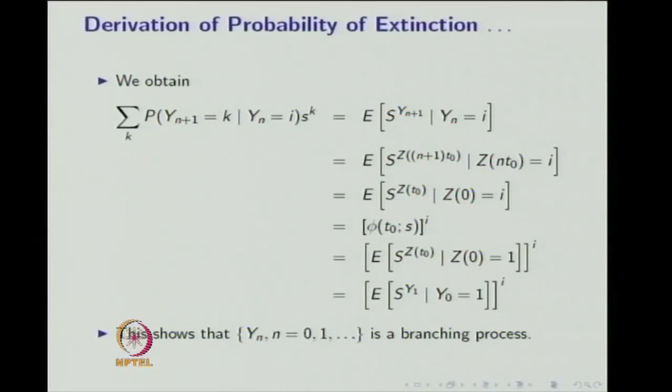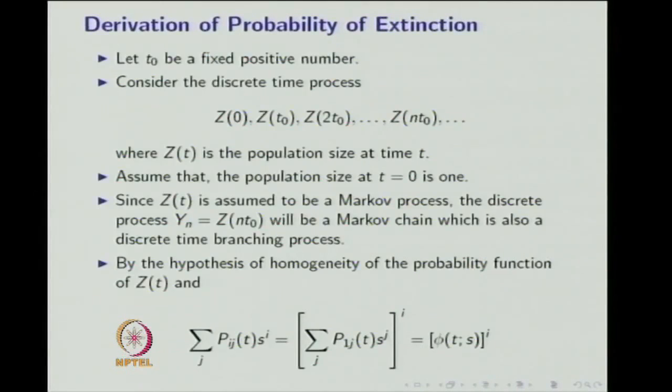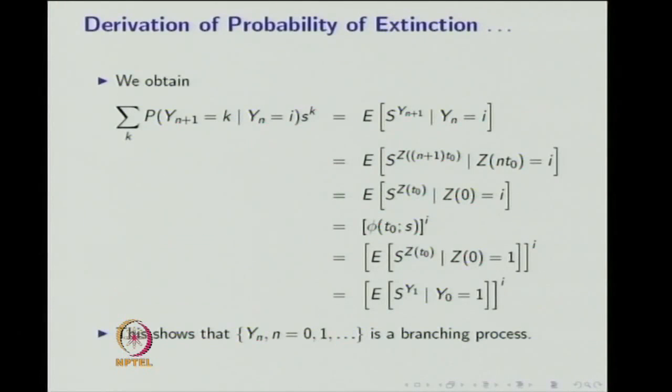Because Y_n is nothing but Z(n t_0), Y_{n+1} is nothing but Z((n+1) t_0). So, we replace Y_n by Z(n t_0) and Y_{n+1} by Z((n+1) t_0). This is true for all n, therefore, that is the same as the expectation of s^{Z(t_0)} given Z(0) is equal to i. But that is nothing but psi(t_0, s)^i.